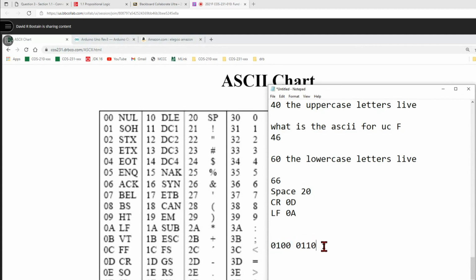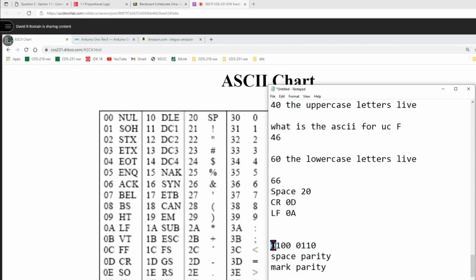If we did, we're doing something called making it space parity. We also could make the character have something called mark parity, in which case, no matter what the letter is, we put a 1 in that first position.